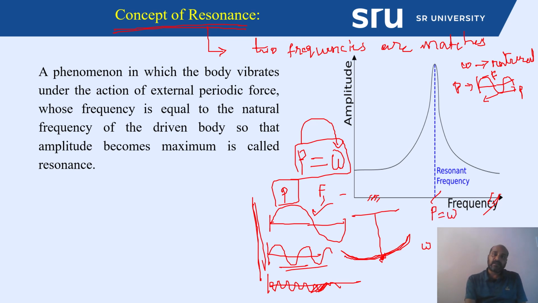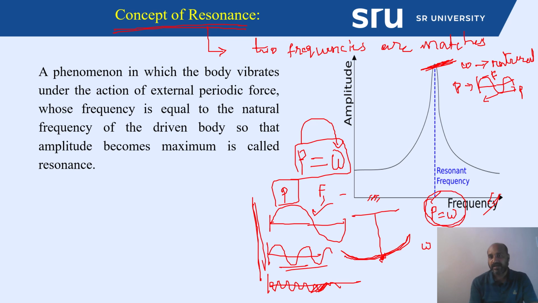At that point, the oscillator is having the maximum amplitude when compared to any other frequency of force. It will displace with the maximum value. So where that amplitude is getting maximum, that is the resonance condition.